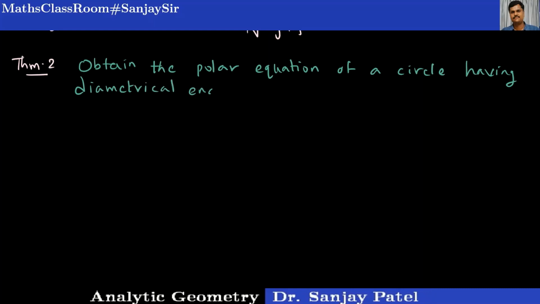They are also called extremities of diameter. Diametrical endpoints, say A (r1, theta 1) and B (r2, theta 2). Okay, obtain the polar equation of a circle having diametrical endpoints A and B. So it is very simple. Let us prove.